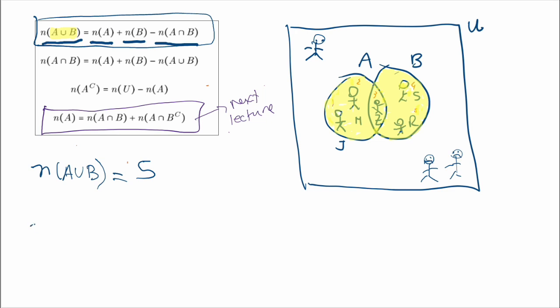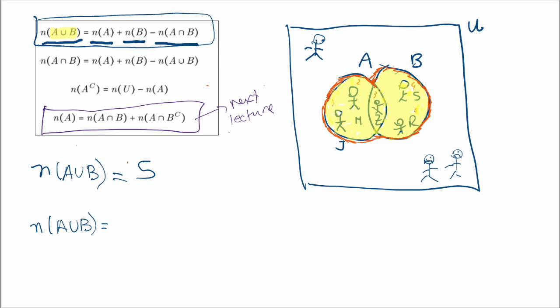The formula says this: the number of people in the union, in the new set. So if we were to draw a shape for the new set, it would be this orange part here, okay?